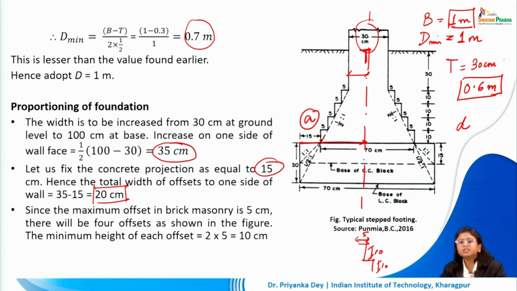So let's assume that 5 centimeter is the maximum offset that we're going to take. So definitely for 20 centimeters, we need 4 such offsets to accommodate. So we will have 1, 2, 3, 4 steps to accommodate this change from 30 centimeter thick wall to a 1 meter width of a foundation base.